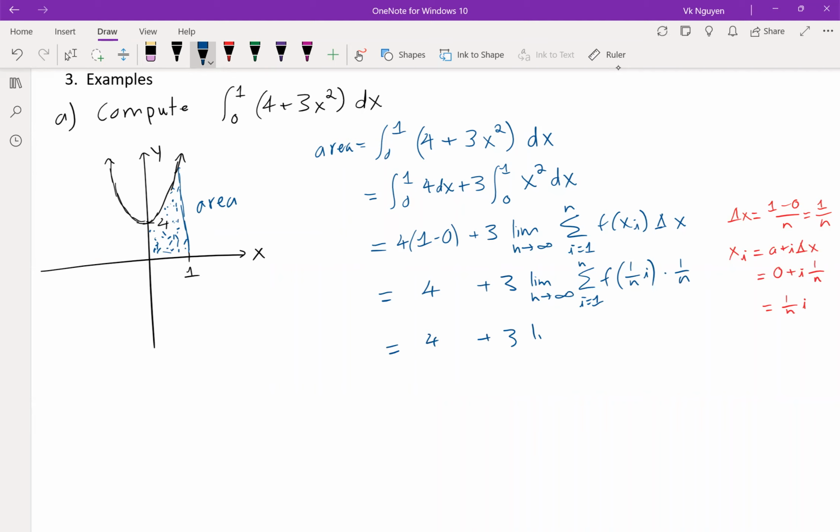4 plus 3, limit as n goes to infinity, summation i equals 1 to n.